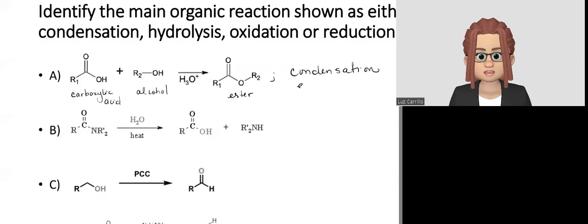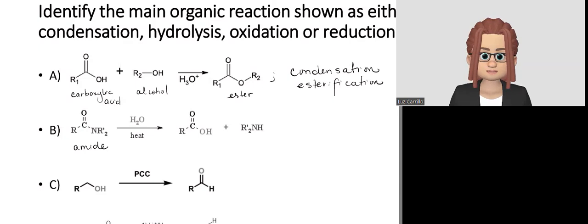In the next reaction, we start with an amide. This amide is going to be reacting with water. And as a result, we can observe that the OH in the water is now connected to a C double bond O, and then the nitrogen that was in the amide received the hydrogen.